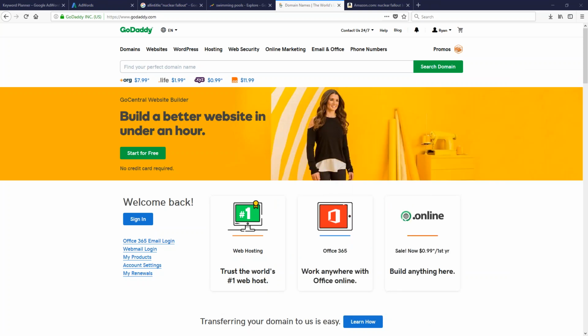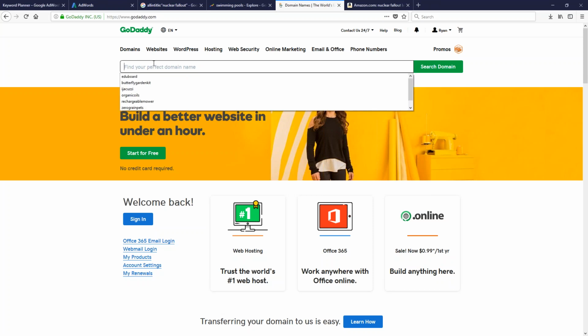You want something that's as short as you can possibly find it, and you also want it to have some kind of keyword relation to what your entire website is about, or at least that's the most ideal thing that you can find. I also recommend to stick with .com domain names, even though they are harder to find. Since you're not looking for a specific keyword phrase with these types of websites, it's usually not incredibly difficult trying to find something.